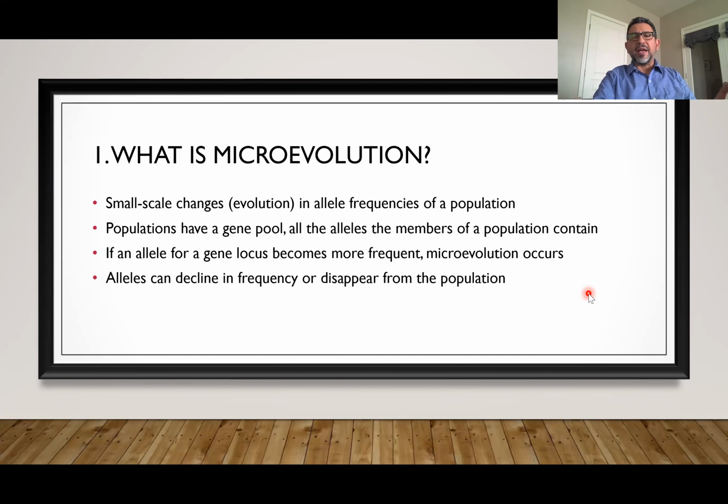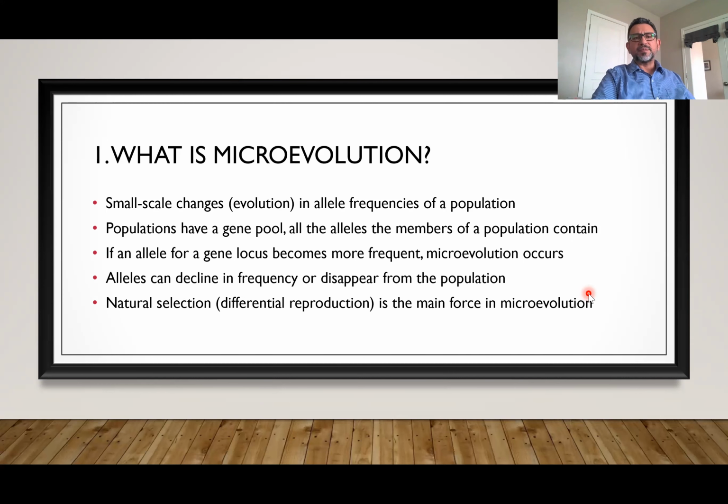So think about one specific gene locus, two alleles for that locus, and we're looking also at only individuals in one specific place that are members of the same species, and that is a population. You cannot be looking at what many different populations are doing. You have to focus only on one population.